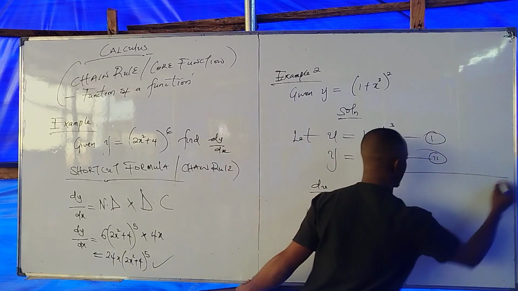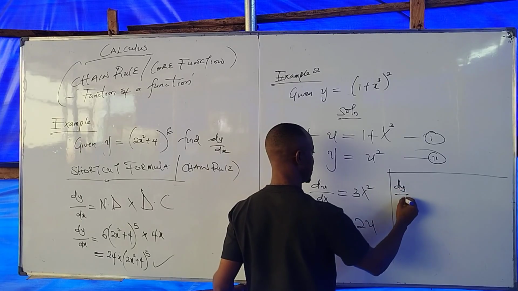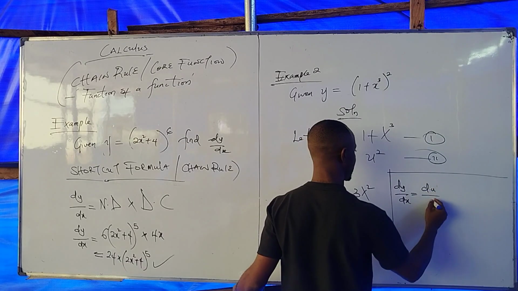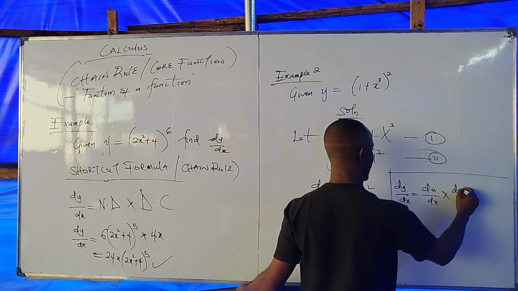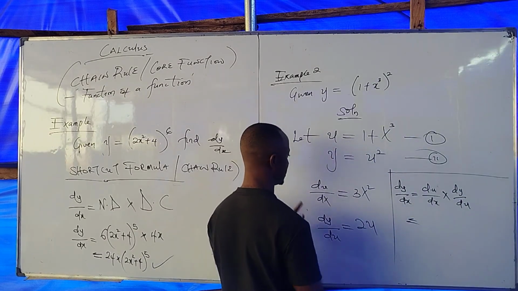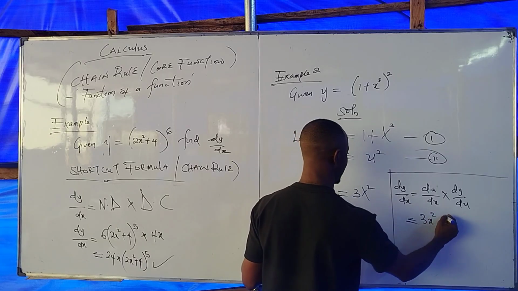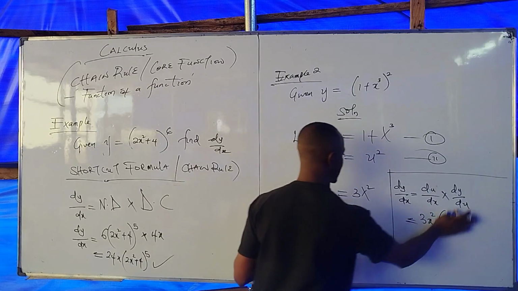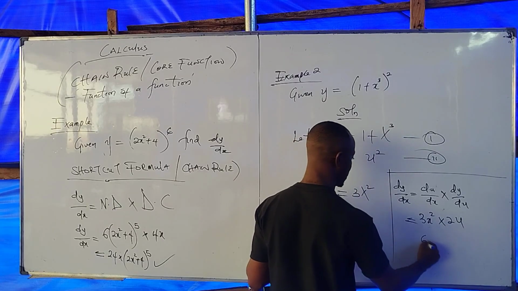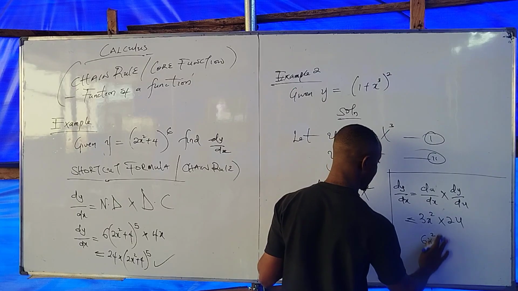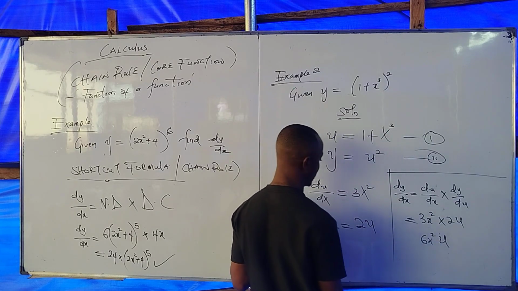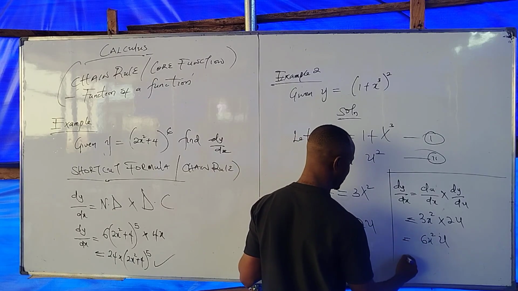So our dy/dx becomes du/dx times dy/du. That will give us 3x squared multiplied by 2u. So 2 times 3x squared is 6x squared, times u. Are you following?